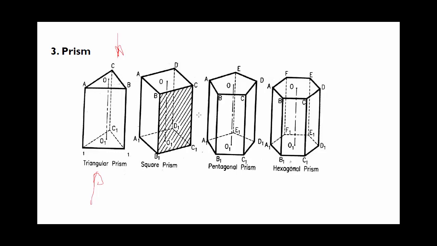For pentagonal prism, top view will be a pentagon, and for hexagonal prism top view will be a hexagon. So it will depend upon the two shapes. Hence in prisms, from this direction the front view will be common, that is a rectangle, and the top view will depend upon its type.